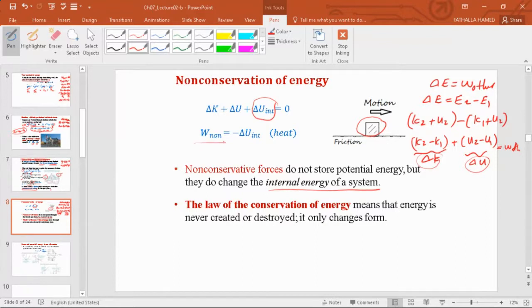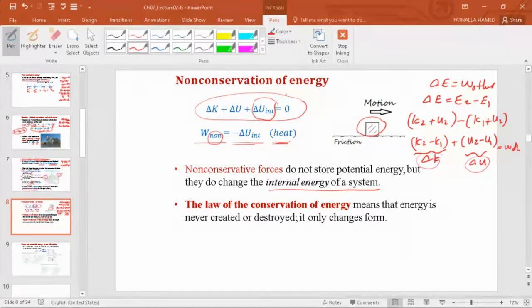So we say here work, and nc here means non-conservative forces, which is equivalent to others. And that should equal to minus what? Minus delta U, and int here means internal. And usually it goes as what? It goes as heat.